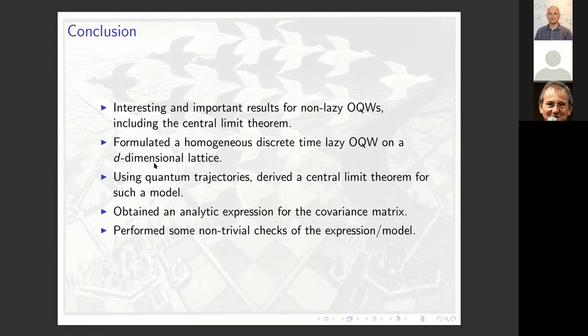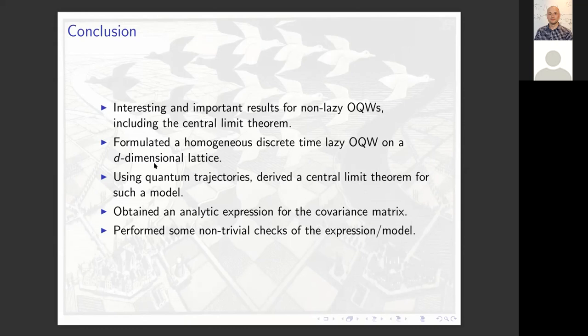Good, so that is about it. Let me try and conclude. I've tried to convey the idea that there are interesting and important results for non-lazy open quantum walks, including now the central limit theorem. What we've discussed is that we formulated a homogeneous discrete time lazy OQW on a d-dimensional lattice.